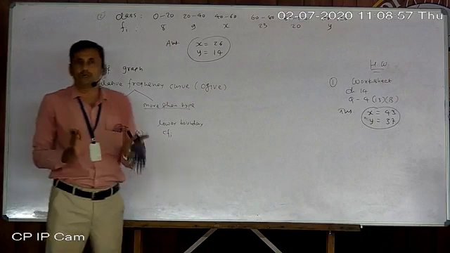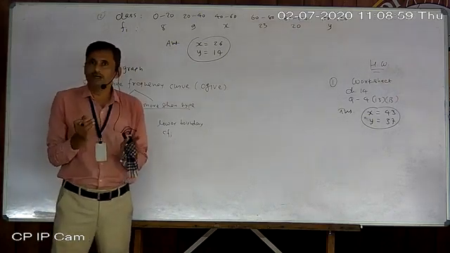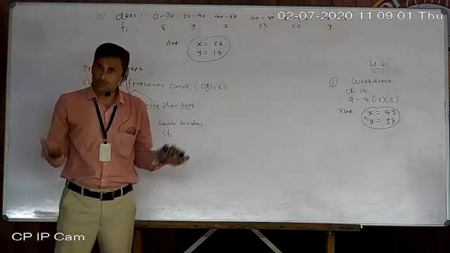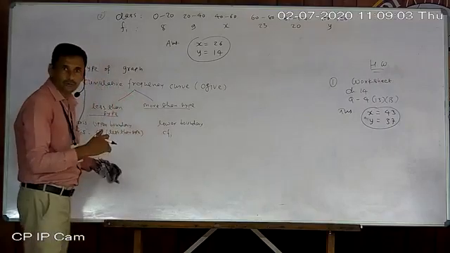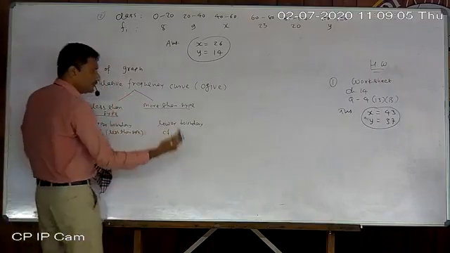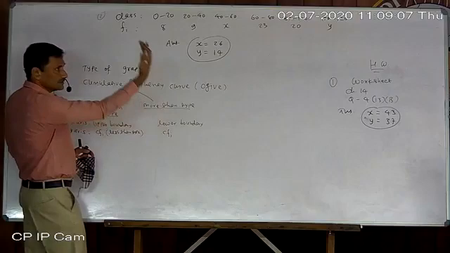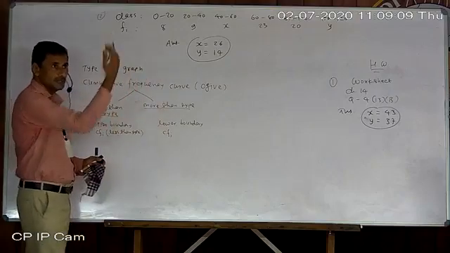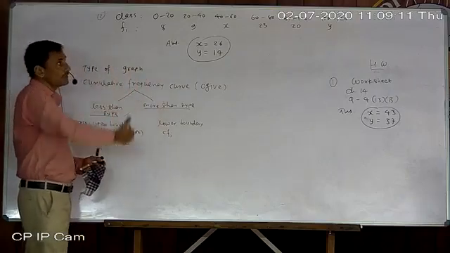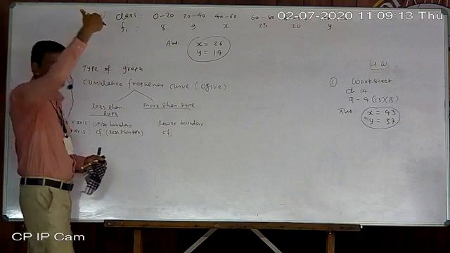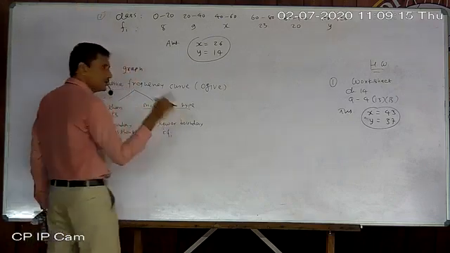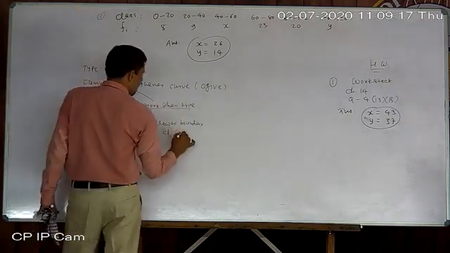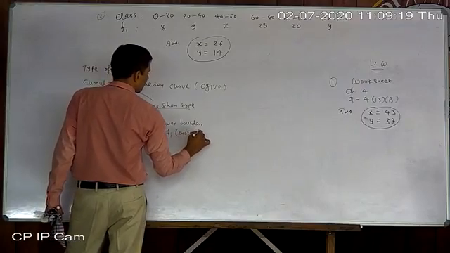At that time I did not say it was less than type, because we did not yet know there are two types of CFI. Now we know. If you add frequency in the reverse direction, starting from the last row and going to the first row, then whatever CFI you find is called more than type CFI.